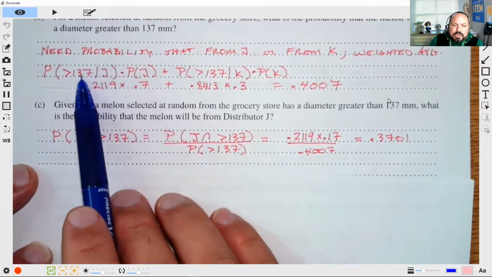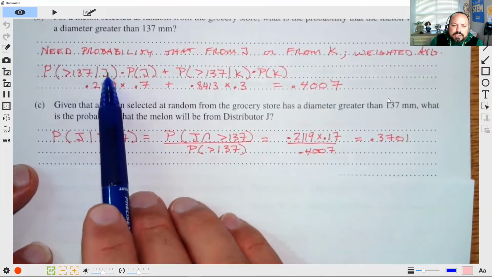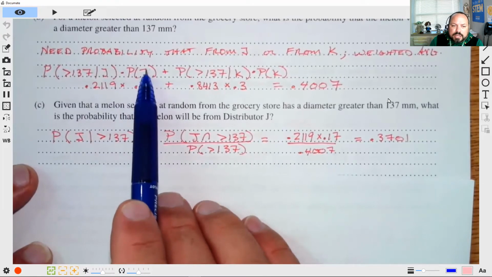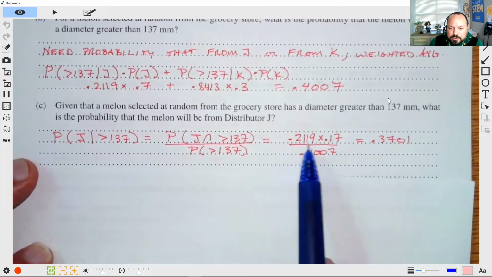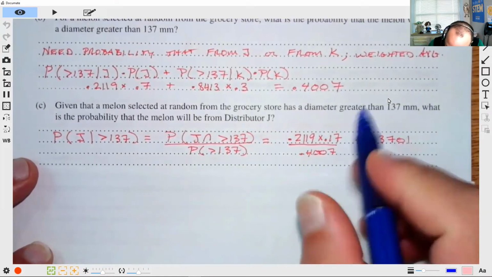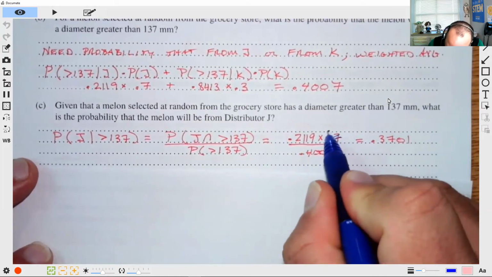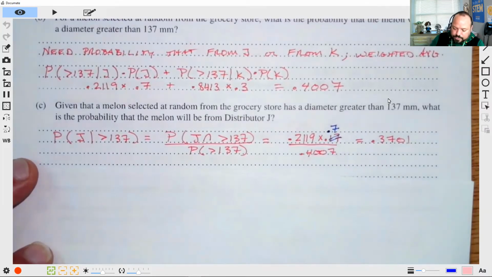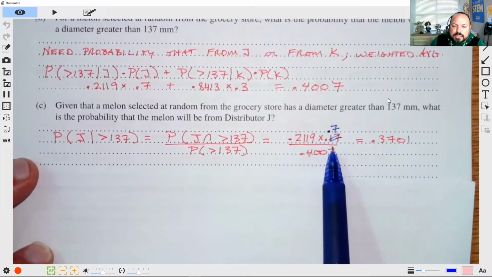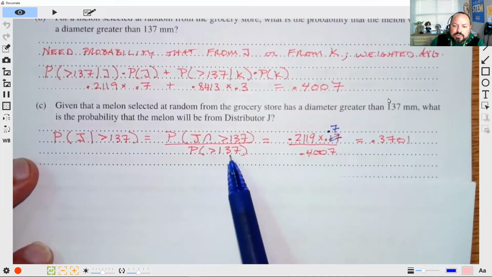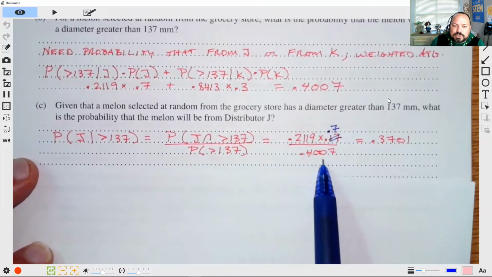That's going to be the probability of greater than 137 given J times the probability that I come from J. This should be 0.2119 times, not 0.17, this should say times 0.7. Want to be careful in your writing. And I have 0.2119 times 0.7 divided by the probability that I'm greater than 137, 0.4007.